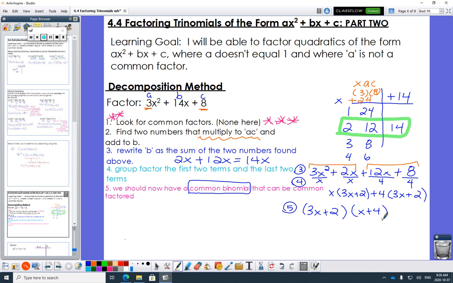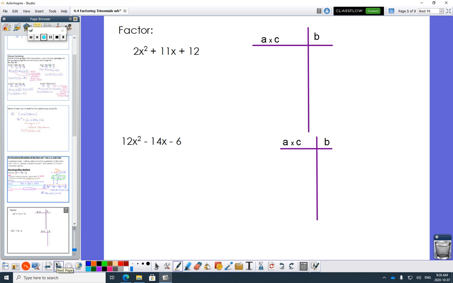Okay, let's do some more. Okay, so can 2, 11, and 12 be divided by a common factor? No. So we are going to look for two numbers that multiply to a times c, which is positive 24.